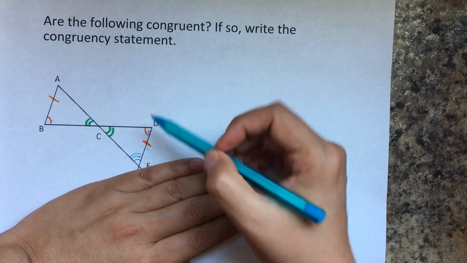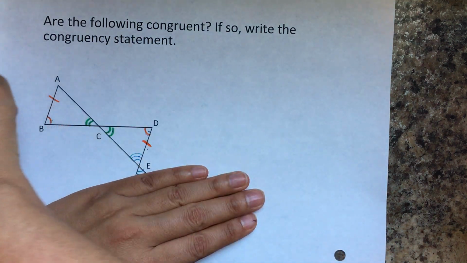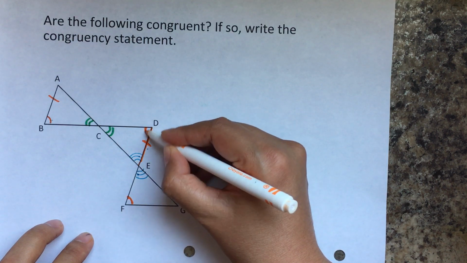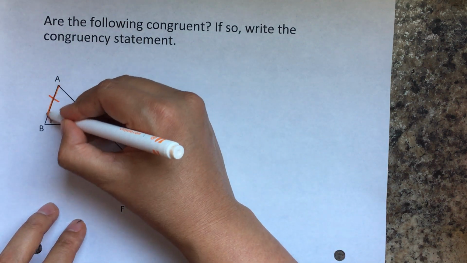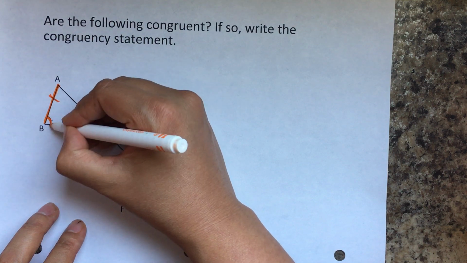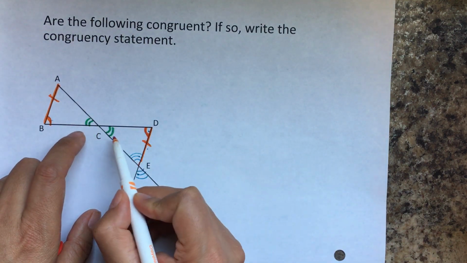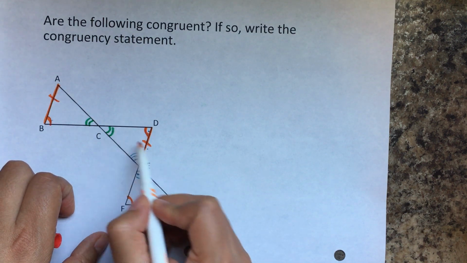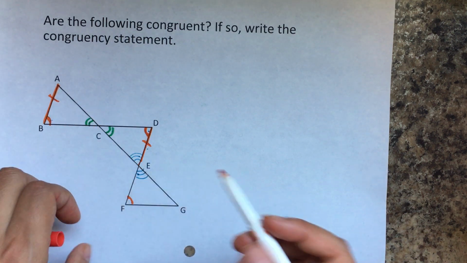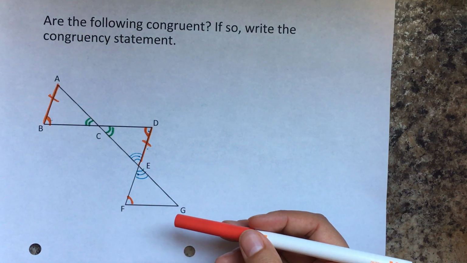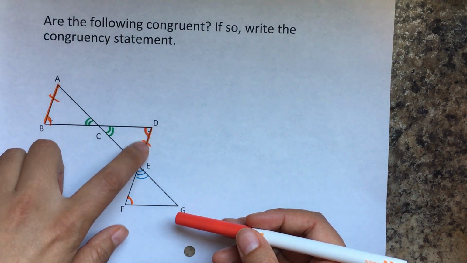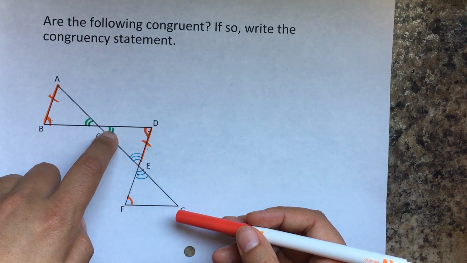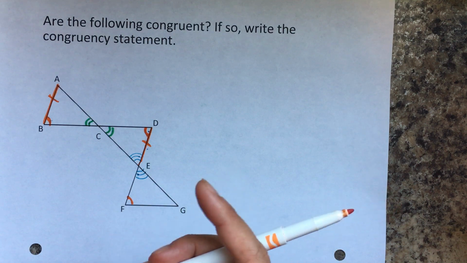The congruent side is touching the angle with one marking, and in here the same thing. So we have angle, side, because one of the angles is not touching the side. Every time you have one angle touching the side and the other angle not touching the side, that means we have angle, side.